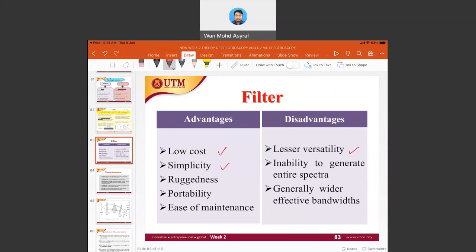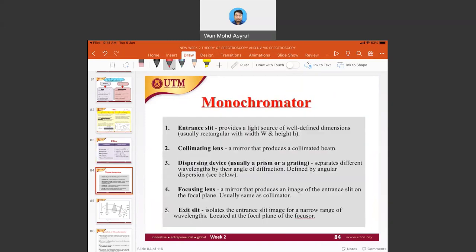Okay, all right. So I will continue on the wavelength selector with the monochromator here. A monochromator has many parts inside. The first one is an entrance slit, and then we have a collimating lens, a dispersive device, a focusing lens, and an exit slit.